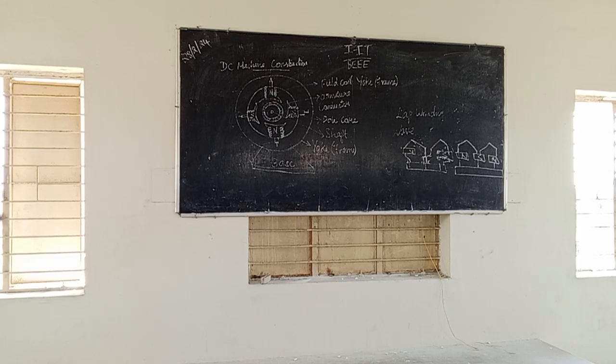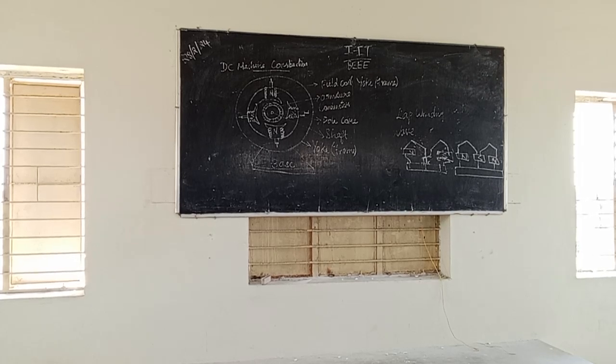These are the three parts of the field system. What are the three parts? Pole core, pole shoe, and field coils. So these are the things you have to describe in the constructions of the DC machine. Clear?